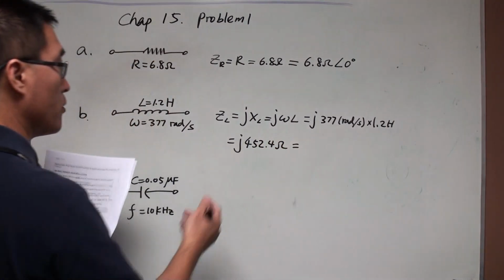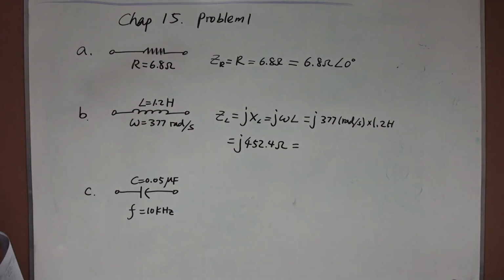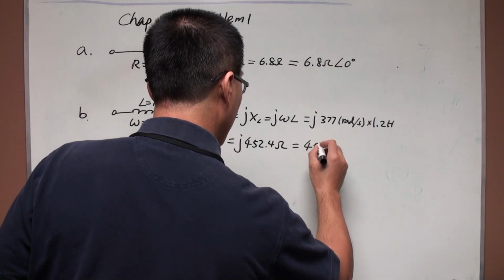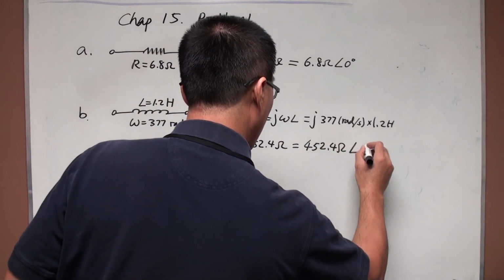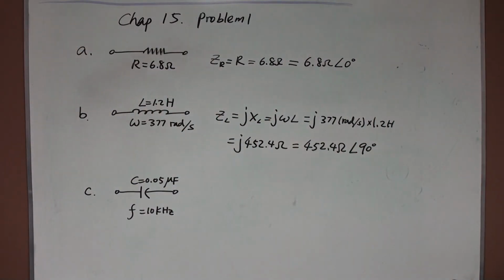So this is in rectangular form, and if you want to express this in polar form, it's 452.4 ohms with 90 degree. So that would be the rectangular form and polar form for this inductor.